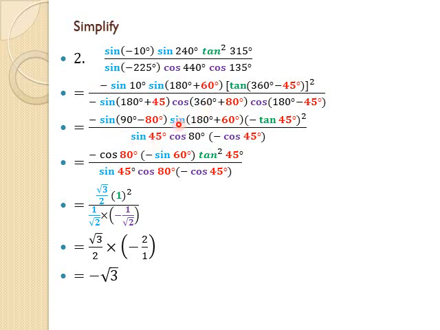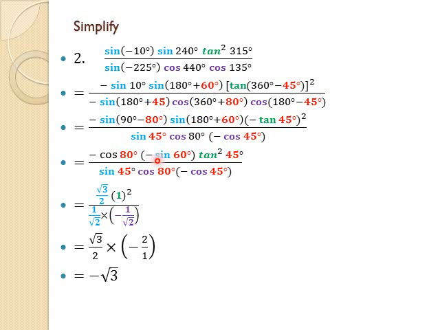Cos 360 plus 80 means we go back to where we started in the first quadrant. So that simply becomes cos 80. Right, and there cos 180 minus 45, second quadrant, becomes negative cos 45. So there, 90 minus 80, first quadrant, but the 90 changes sine to cos, so I have negative cos 80. 180 plus 60 falls in the third quadrant.